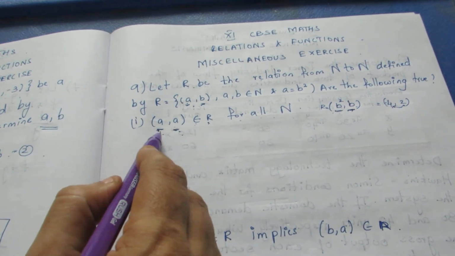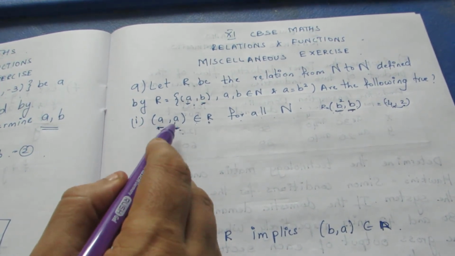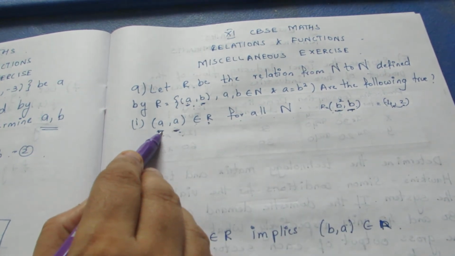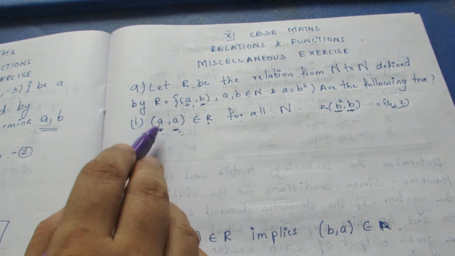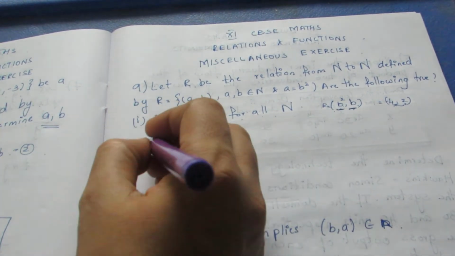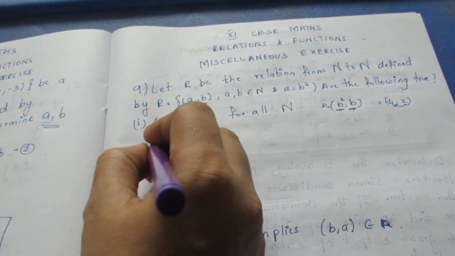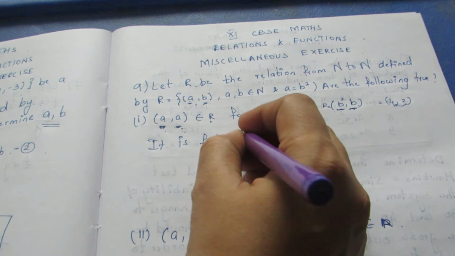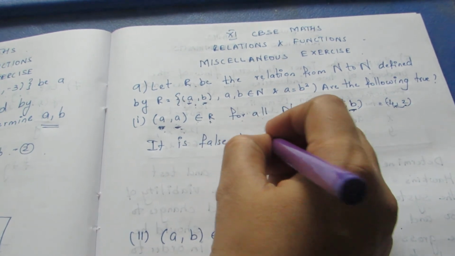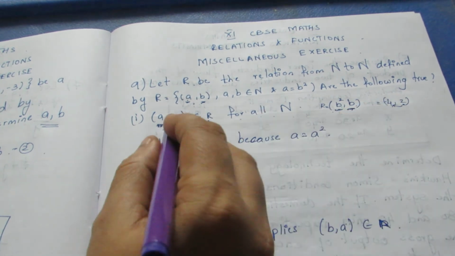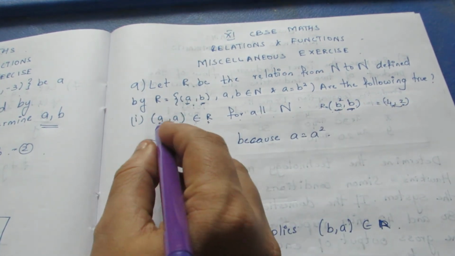It is true only when we substitute 1. If it's 1, this is also 1 square. Here 1, then here is also 1. Other than 1, this is not true. This will be false. So therefore we can write it as: it is false because a should be equal to a square.